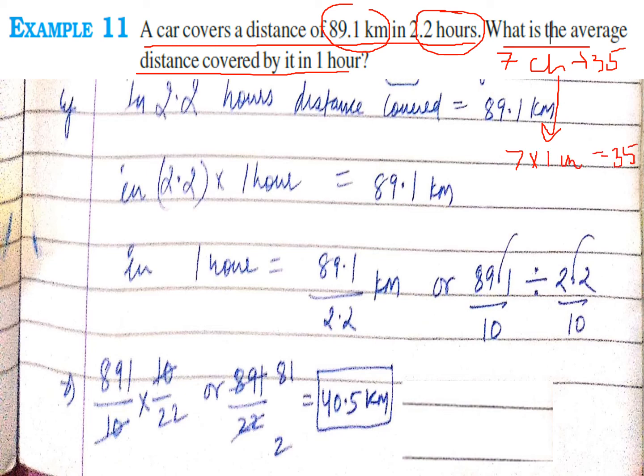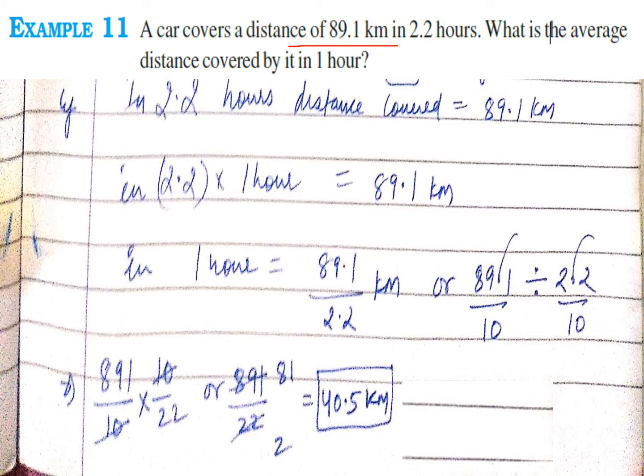Then you make 1 chocolate alone and take 7 in division, and you get the answer as 5. So you say that 1 chocolate costs 5 rupees. Similarly, in this question also, we will use the same concept. Okay, let's see.